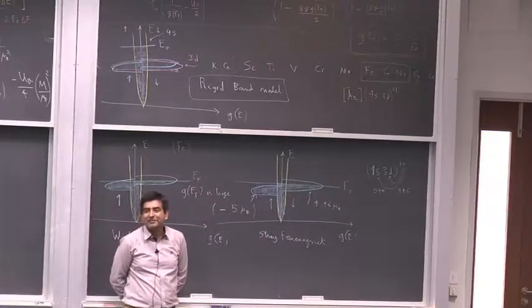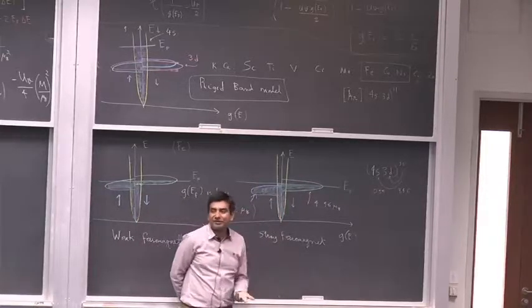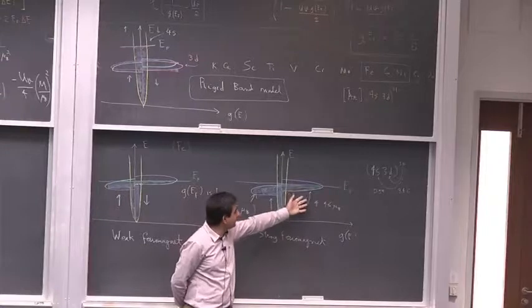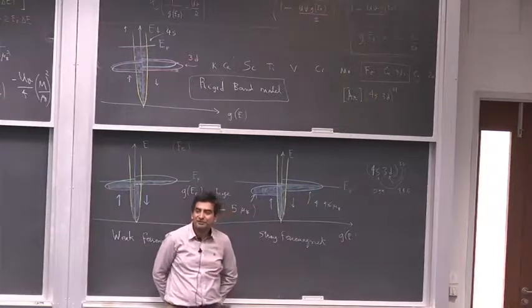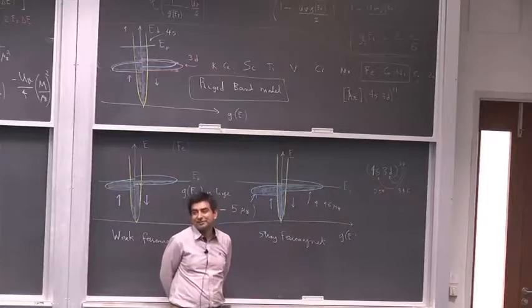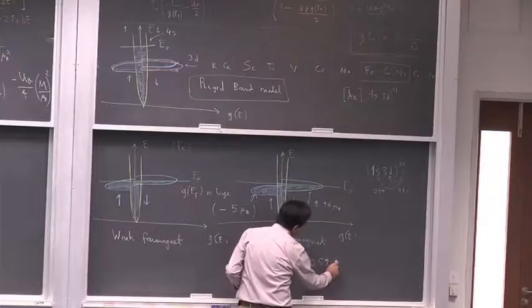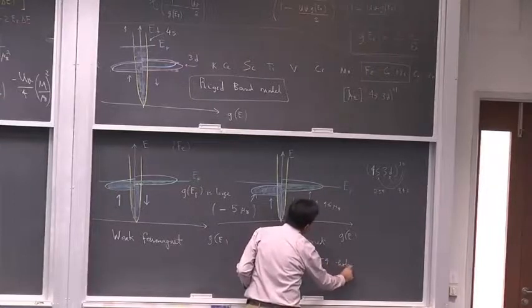Okay? So now this band is completely filled, and this band is at 4.46 mu b. It has 4.46 electrons, in other words, so it's short of 0.54 electrons. This is the number of holes inside this band.